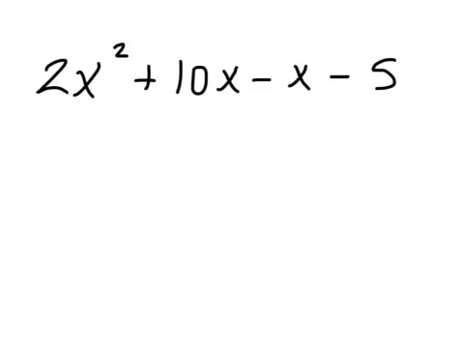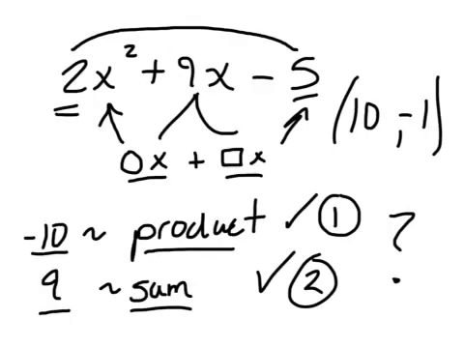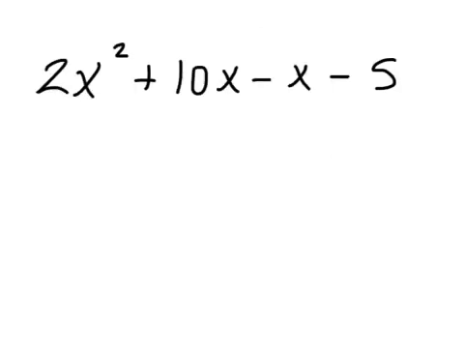So what I've done here is I've rewritten what we had on the previous page of 2x squared plus 9x minus 5 to 2x squared plus 10x minus x minus 5. So nothing's really changed. But what we've done is we've created a common factor here in the first two and the second two.